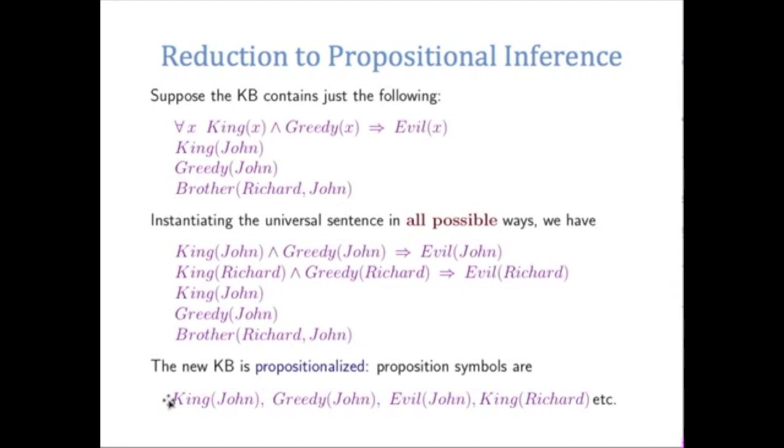And that is what we call propositionalizing a knowledge base. So our proposition symbols are King John, greedy John, evil John, and so forth. And so there are no more variables left.